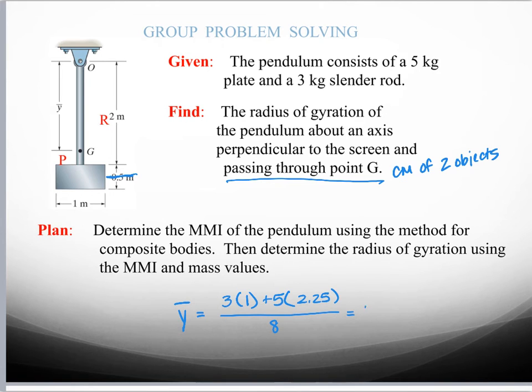So that's going to be, the y bar is 1.78, measured downward, so it's 1.78 meters, measured down from the point O. So every time we use our parallel axis theorem, we need to be finding the distance not from the top to the center of mass, but from point G to wherever the center of mass for each object is.